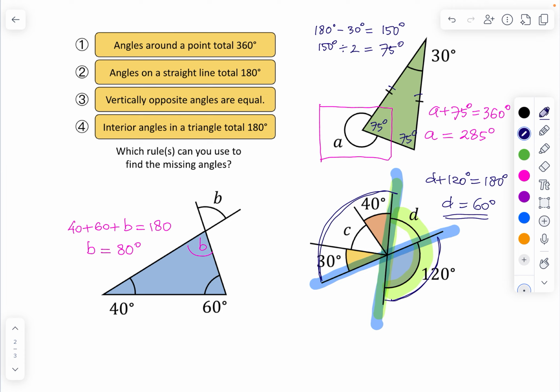So 30 plus C plus 40 should be equal to 120. Hopefully you can see that. 30 plus 40 is 70, so C must be 50 degrees.